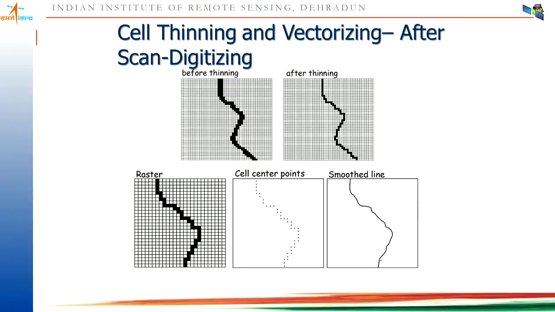So this whole process needs to be done either manually or automatically. If you're doing it automatically, this is what you will get before thinning, and after that you have to do thinning and smoothing so that you get a line as required by you. And there is also a semi-automated approach where half of the work is done by the automation and the rest of the editing tasks you need to do.